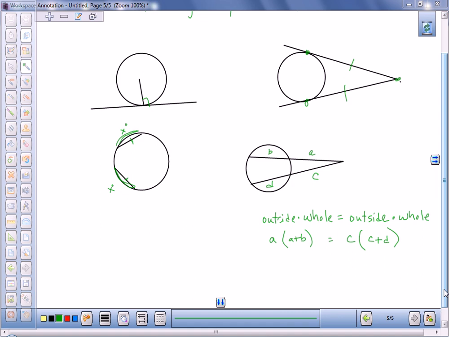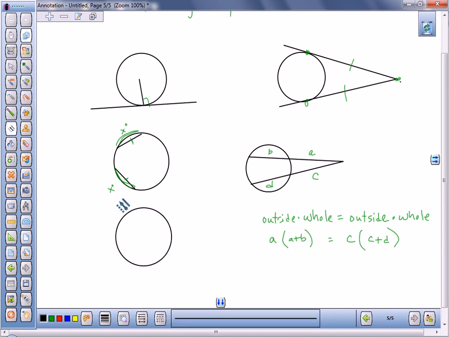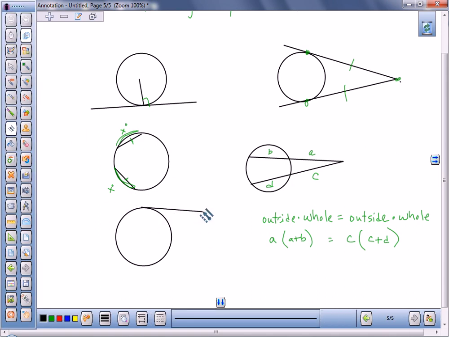The other one is if we have a tangent and a secant. We have a tangent, and a secant. Okay, so this little section, that little section, and that little section.